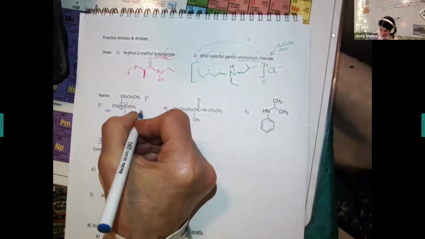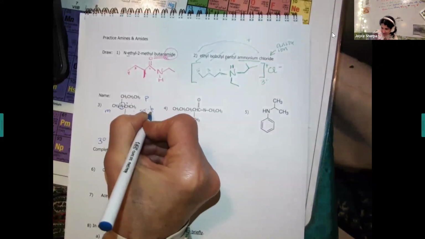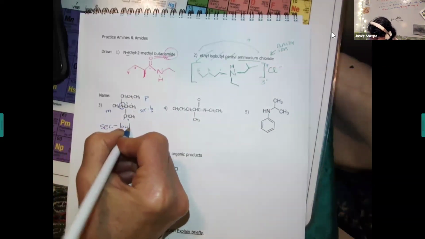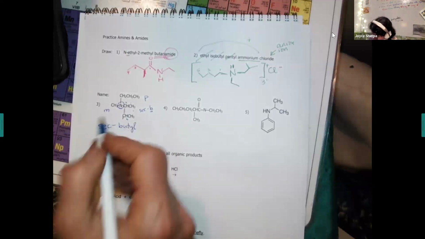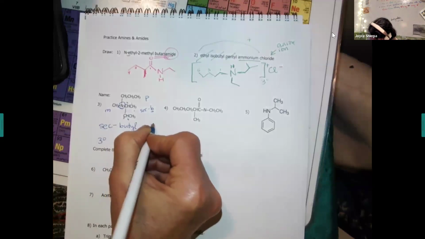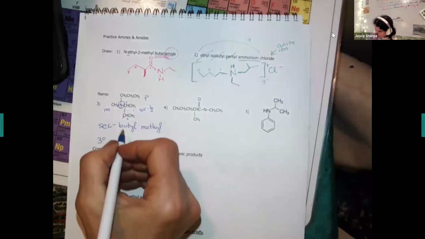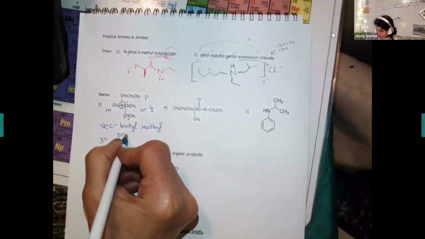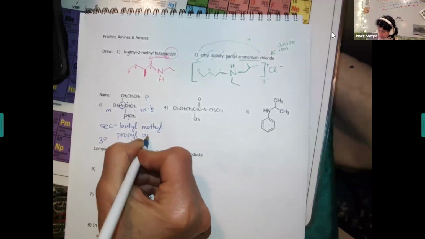So it is a sec butyl, but sec butyl does start with a B. So alphabetically, it comes first. So there are different ways you can name this, but we're going to go with the amines just the common way where we just alphabetize the groups. So sec-butyl, methyl, there is a space in between propyl when you do it the common way, propylamine.